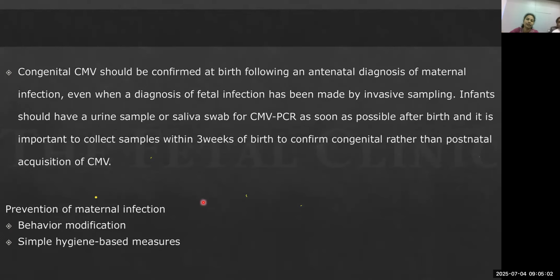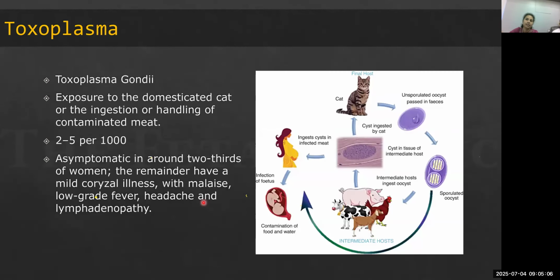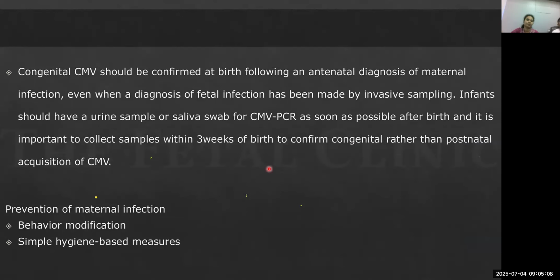And prevention includes behavior modification and simple hygiene-based measures. Immediately the sample should be collected and they should demonstrate directly the virus. That is very important. It's very important from many different points of view, but also for medico-legal reasons.